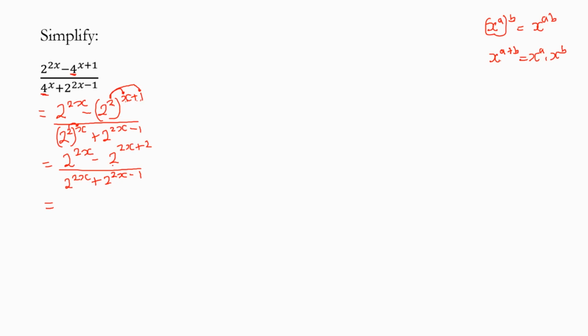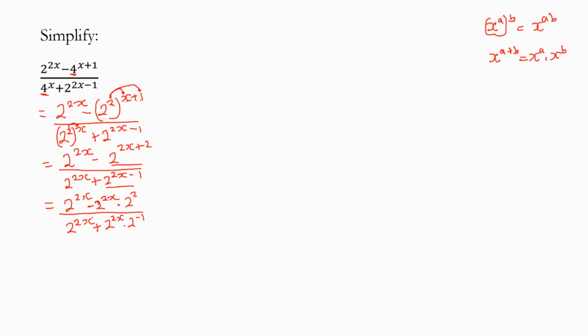We use it for this one and this one. So it's 2 to the power 2x minus 2 to the power 2x times 2 to the power 2, divided by 2 to the power 2x plus 2 to the power 2x times 2 to the power negative 1.